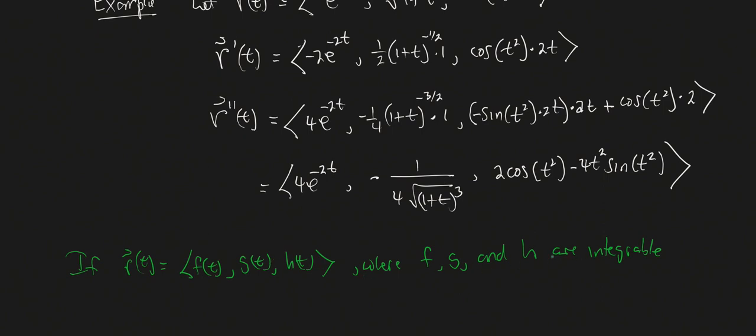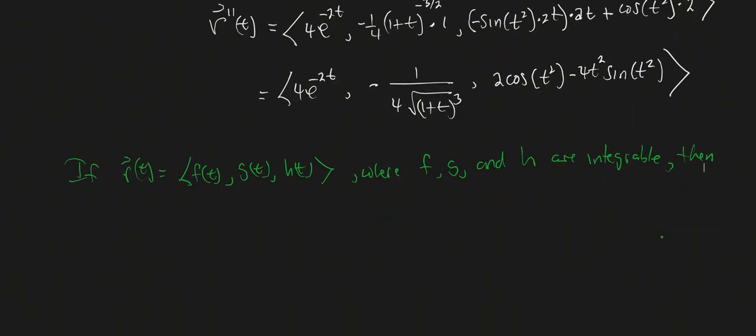So if those functions are integrable, then what notation do we have for the indefinite integral? Well, we use the same integral sign, and then we have our vector function there, and we still use our dt. And basically, you would end up forming a new vector function by taking the antiderivative of each component.